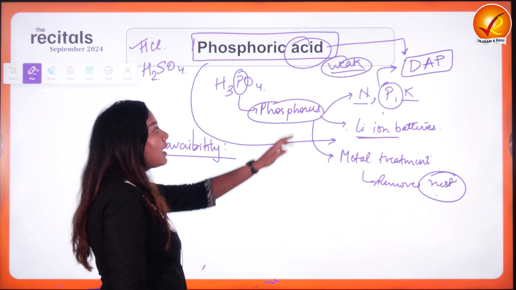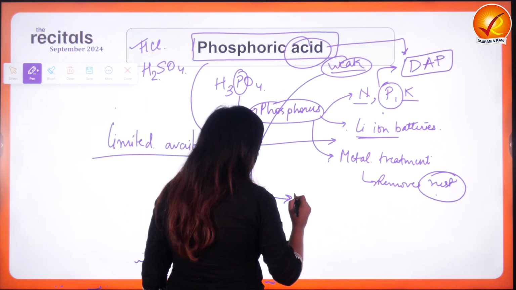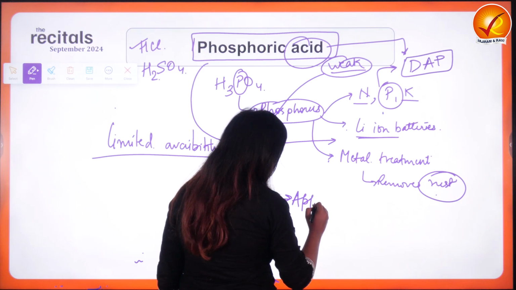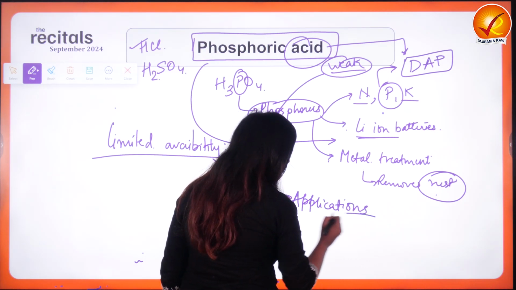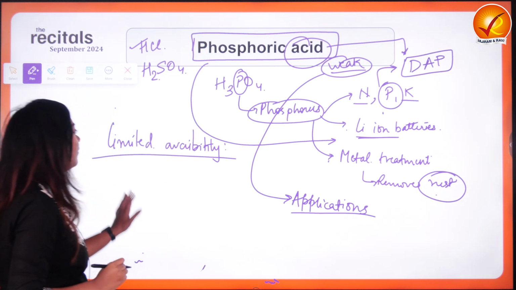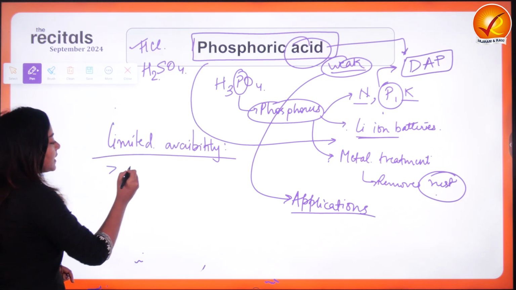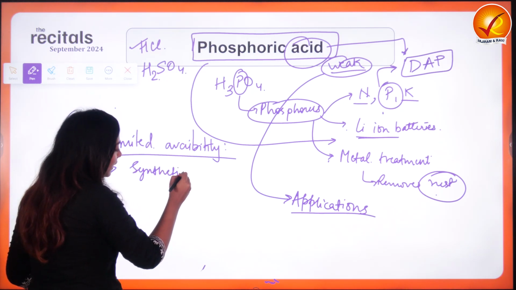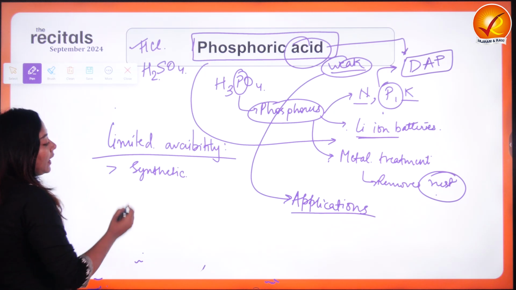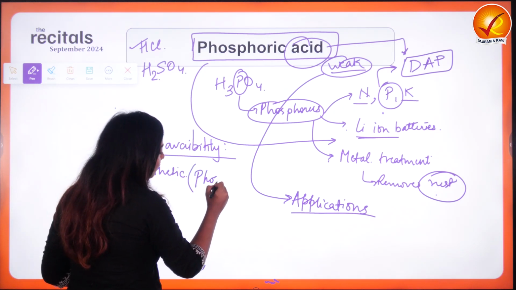This will also give us other various applications, which we will be discussing shortly. But first I want to tell you the scenario of the availability of phosphoric acid in India. As we know, it is synthetic in nature, which means it is not naturally available. It is created from phosphate rocks.